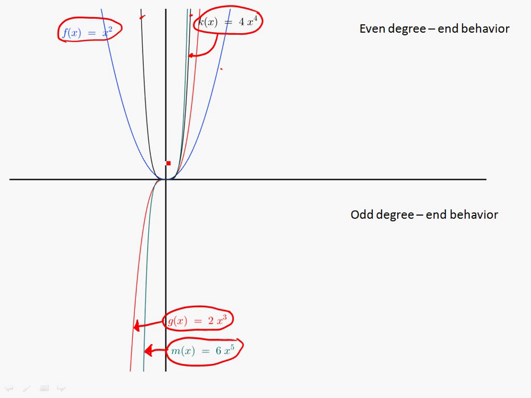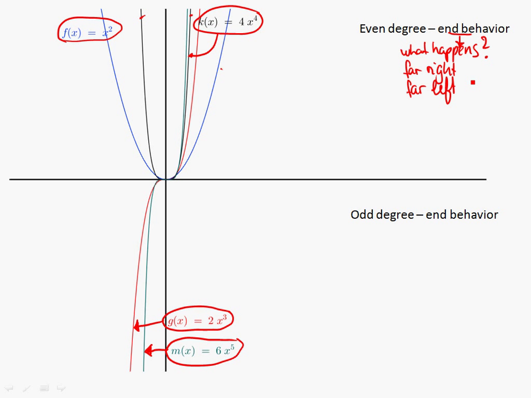The end behavior. So end behavior actually is a term that's well thought out. It's asking you this, is what happens, and then I could say at the end of the graphs, and I'm just going to rephrase it a little bit and say what happens far right and far left.